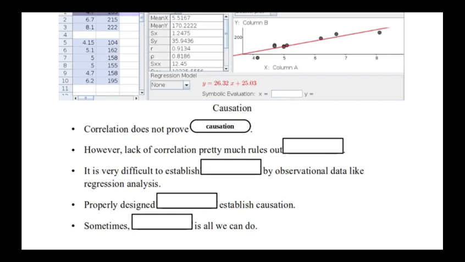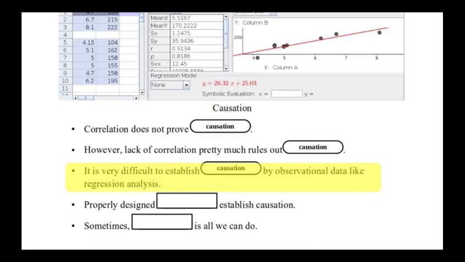However, if there is a lack of correlation, there's almost certainly no causation. It's difficult to establish causation by observational data like regression analysis. Remember, this is classical statistics, and this is exactly what you'd expect in a classical statistics setting.